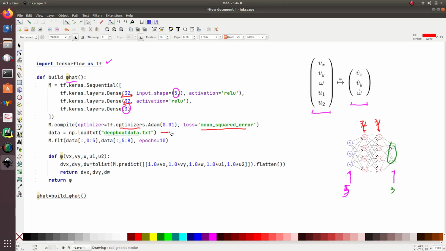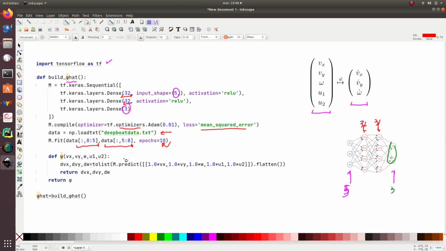I will load my data, and then I will fit, so I will tune all my parameters. Here is the number of iterations, here the 5 first columns of my file deepboat, and here the 3 last columns.